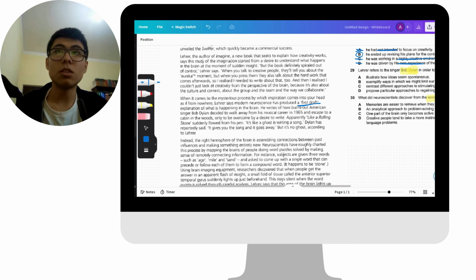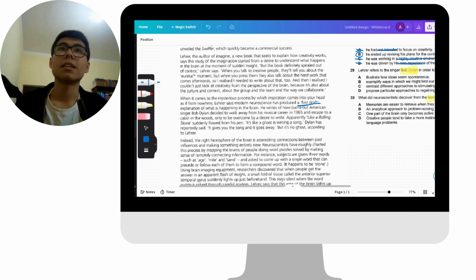And what he wanted to do was to write. Apparently, Like a Rolling Stone suddenly flowed from his pen, like a ghost writing a song. Dylan has reportedly said, "It gives you the song and it goes away. It's no ghost," according to Lehrer.